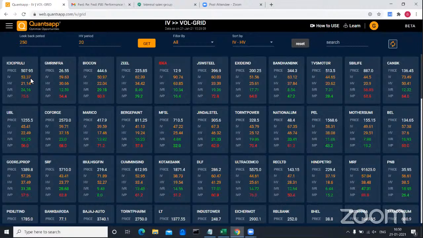IVP tells you what percentage of time, how many number of days, the volatility traded lower than my current IV level. So this is where you can see your IVR and IVP.